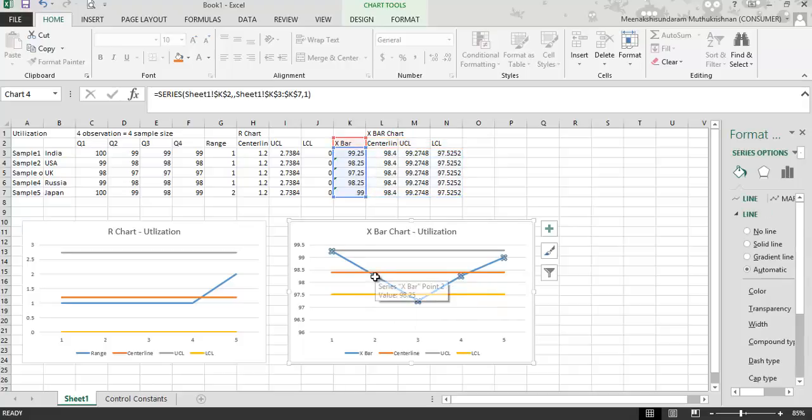See here, this is a point. And the third country, that is the UK, falls below the LCL. That means even though the country looks consistent individually, by comparing with other countries, we found that the utilization of the UK seems to be bad.